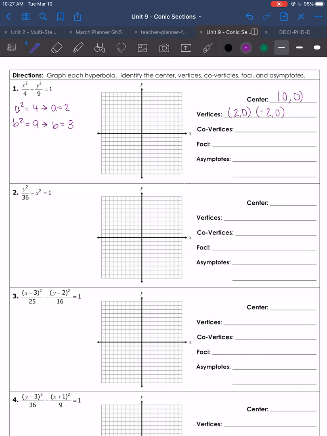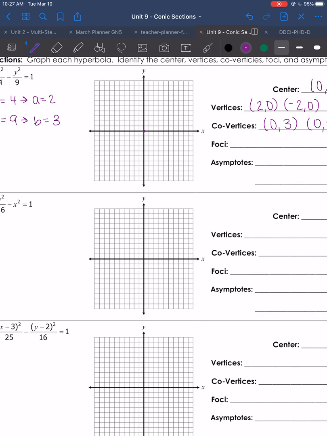And then our co-vertices are (0, 3) and (0, negative 3), just by a and b. So if I wanted to graph this, I'm going to graph (0, 0), (2, 0), (negative 2, 0), and then (0, 3) and (0, negative 3). And if I wanted, I could draw a little box so we know what we're dealing with.